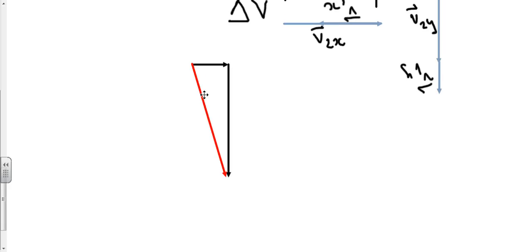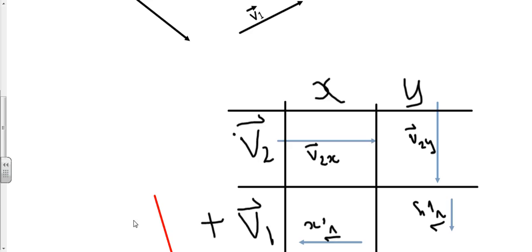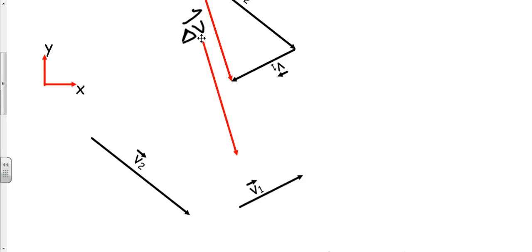Now let's compare that. I'm going to make a copy and drag it up and compare that back with what we started with when we put these together before. It's the same thing.